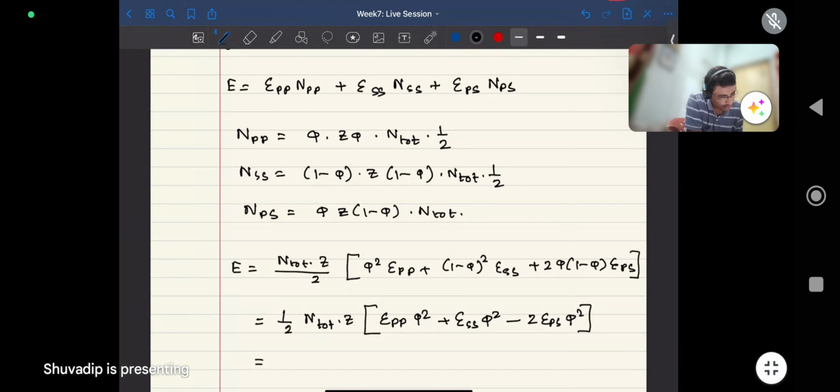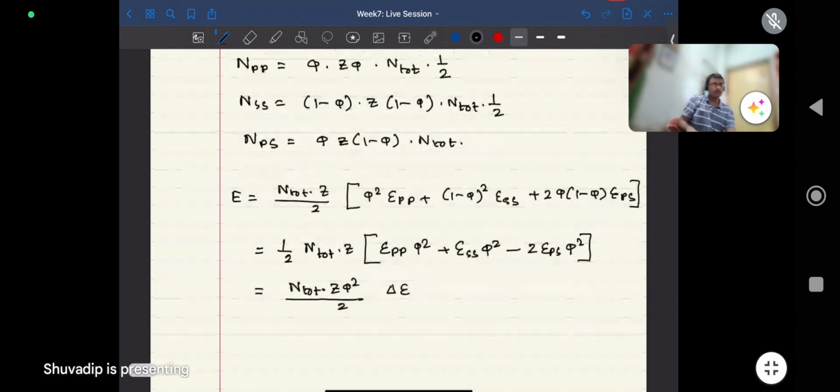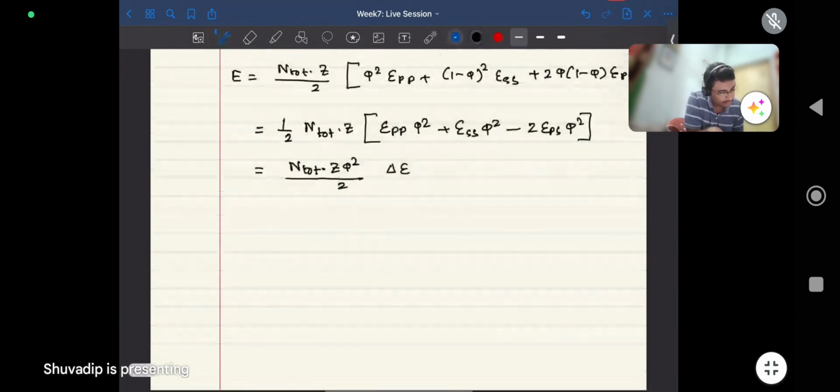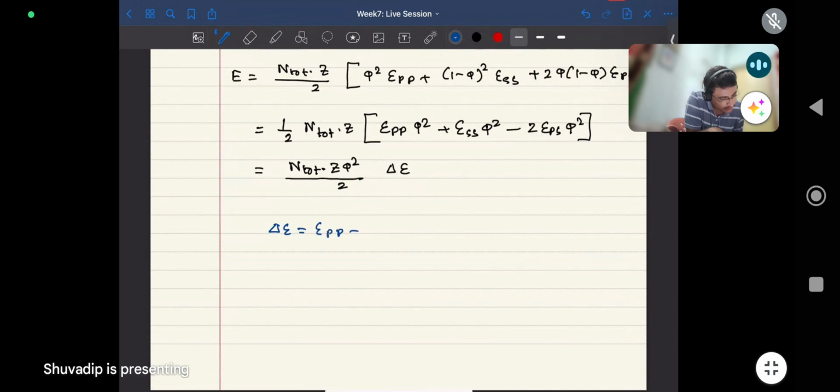We'll take phi square outside. In total, z phi square by 2 into delta epsilon. We call this whole term delta epsilon, so delta epsilon is given by epsilon pp plus epsilon ss minus 2 epsilon ps, right? So the whole term is given.